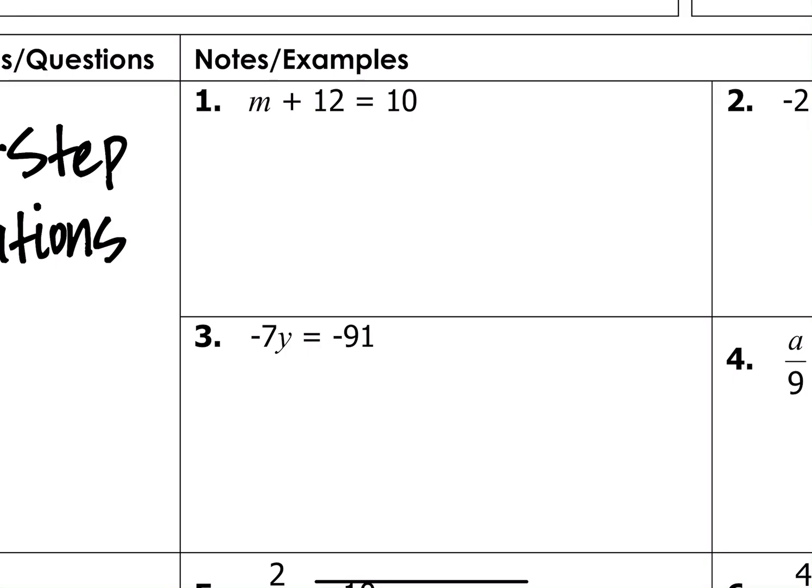There are certain methods that middle school teachers will teach that don't necessarily work as well once you get to more complicated equations. For example, on a problem like number one, a lot of teachers in middle school might say, well, if you have an addition problem, we're going to subtract. That doesn't work all the time.